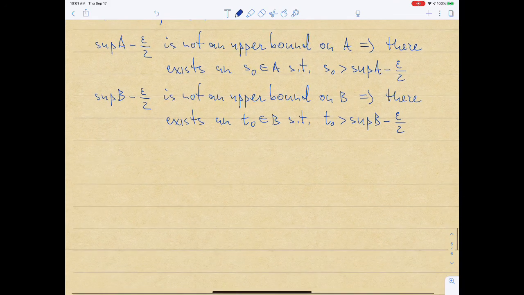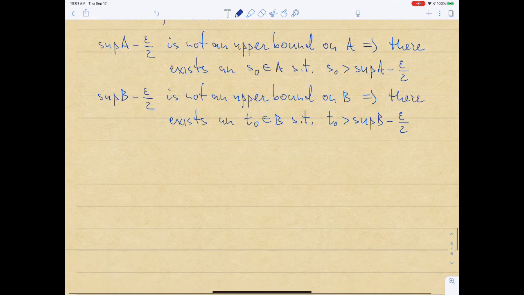Okay, so even if that is true, if I take then S0 plus T0, and by the way, S0 is in A, T0 is in B, so S0 plus T0 must be an element of A plus B, right?